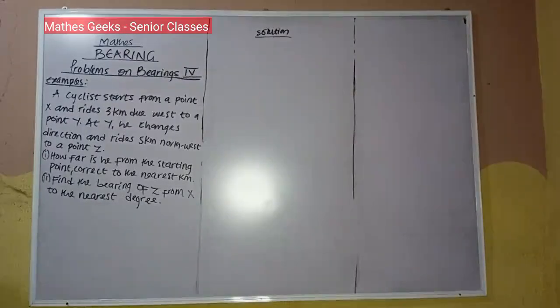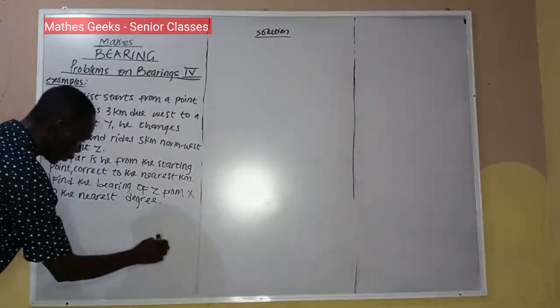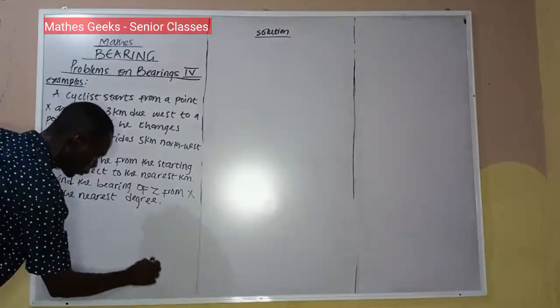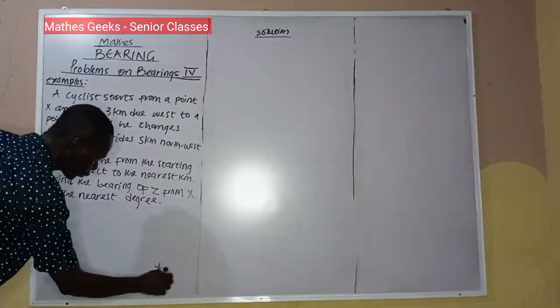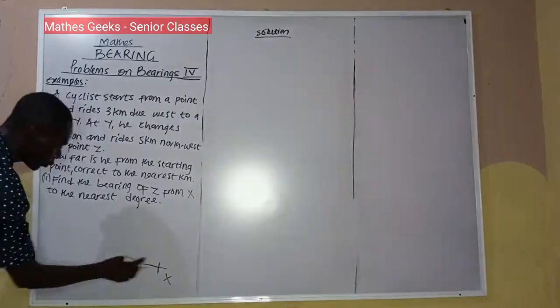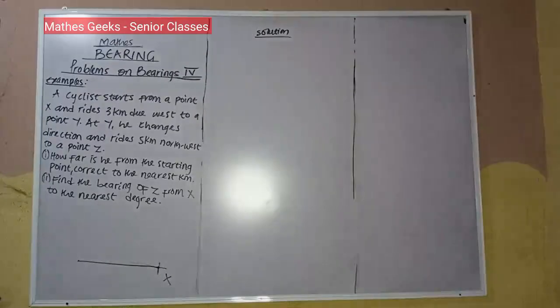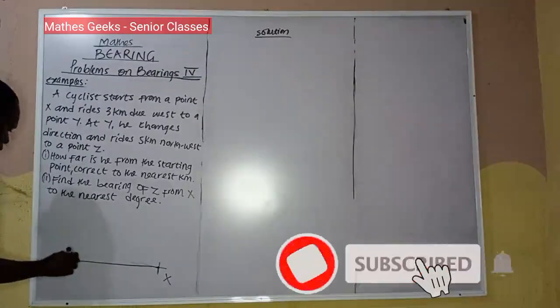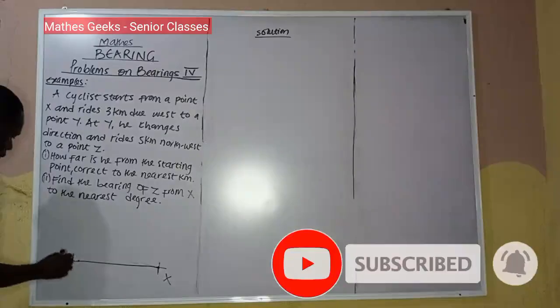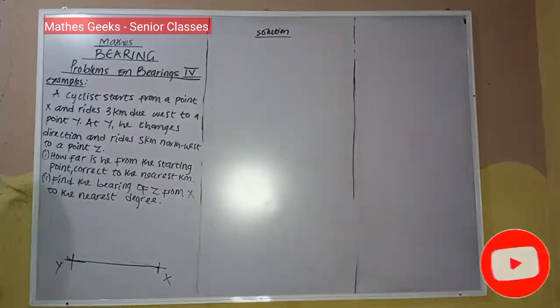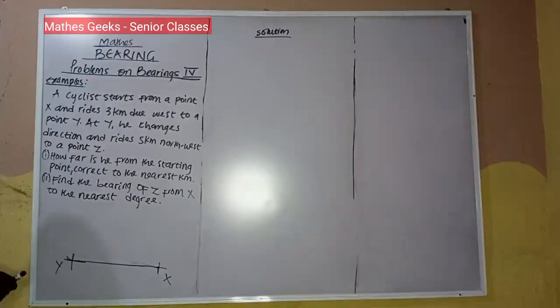A cyclist starts from a point X and rides 3 kilometers due west to a point Y. So due west will come this way. So let's start from here. Point X, due west, okay, point Y. This Y. It changes direction and rides 5 kilometers northwest. 5 kilometers northwest.